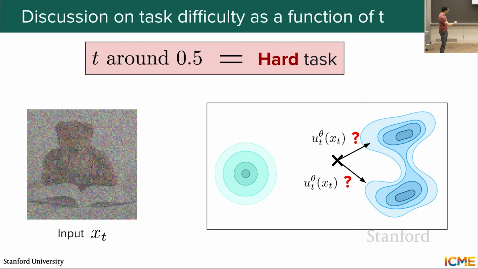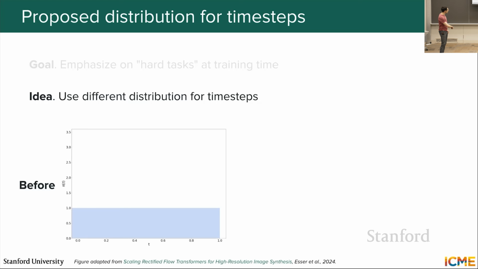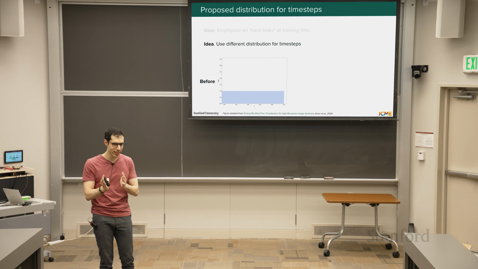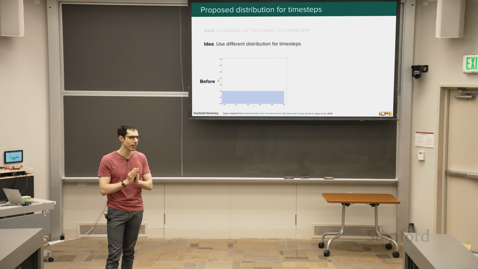So if you remember, what we saw was that we were drawing our time step when computing the loss from a uniform distribution. So what that means is we're asking our model to try to be good at predicting the target as many times for easy tasks as much as for hard tasks.